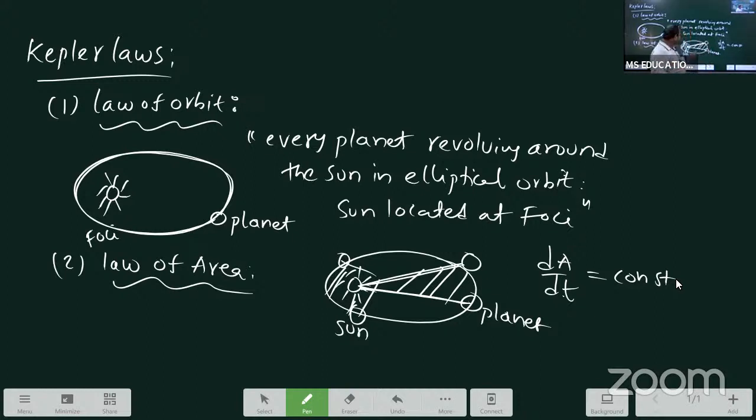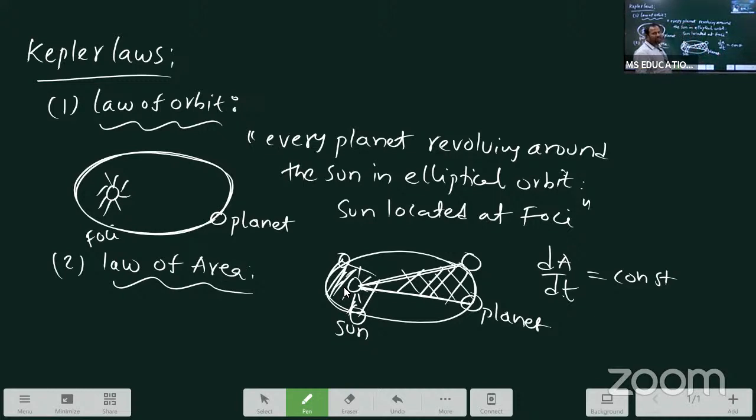Like that, when a planet moves from here to here, we get some amount of area. This area is practically the same. That's why you write it in a single statement: areal velocity of radius vector is constant. This is the second law.